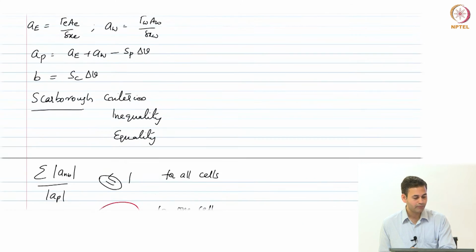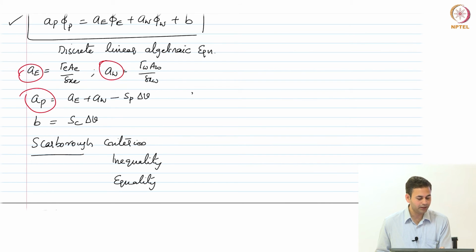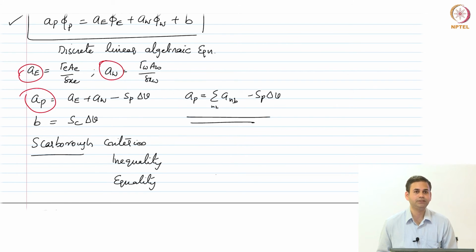Now, with our discussion, we have to look for the coefficients aP, aE, aW, right. Essentially, we have to look for these for every cell in order to look at their magnitude to evaluate this Scarborough criteria. Now, I also said that Sp is negative, the source term. So, what would be aP here? Sum of the neighbors, minus Sp delta V. If we have a non-zero source, does it satisfy the Scarborough criteria?